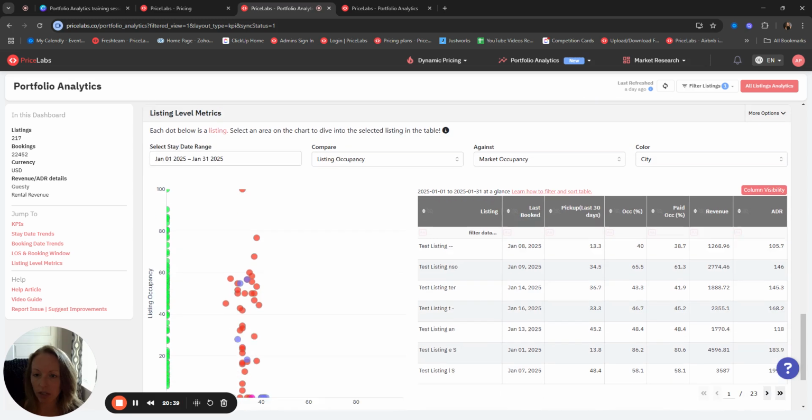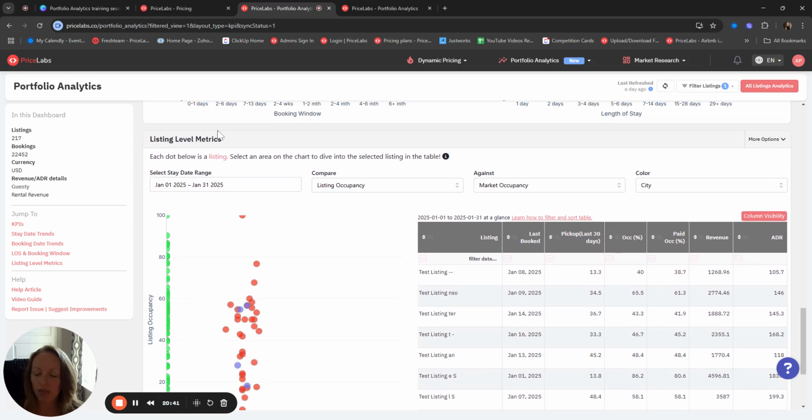Cool. So last but not least for this dashboard, we've got listing level metrics. Now, listing level metrics, this chart is primarily incredibly helpful for large portfolios. When you're managing hundreds of properties, it can be difficult to make sure that no one is falling through the cracks.